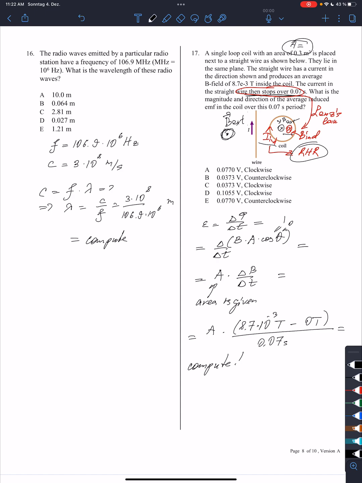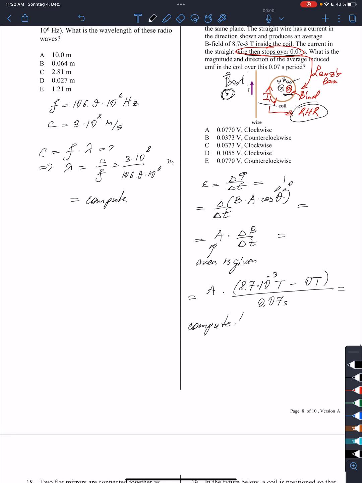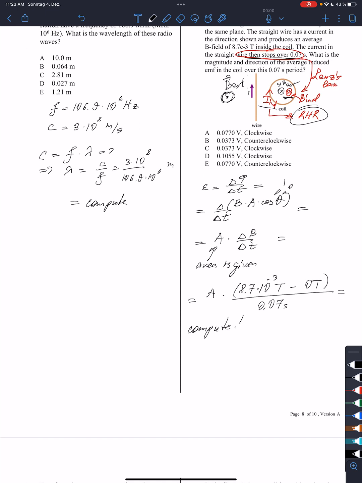We've solved a lot of them. Use the right hand rule to cross-check that this induced current has the right direction to produce this induced magnetic field inside that coil. Finally, you'll be able to see that it is clockwise.